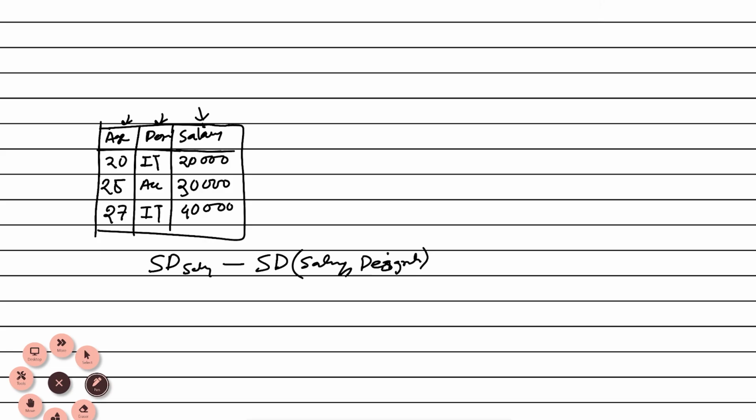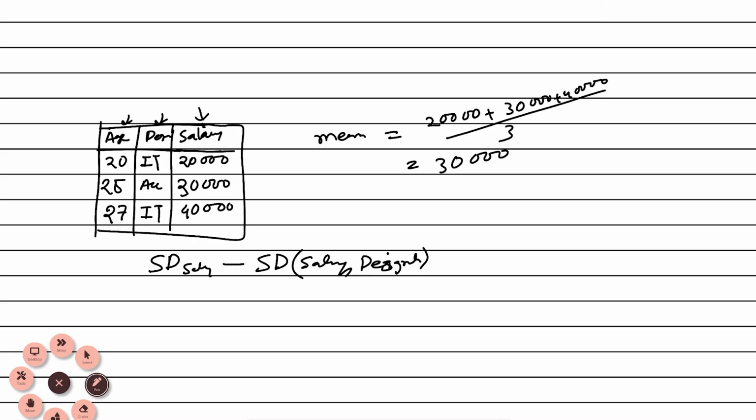First I will calculate the standard deviation of this. For that, you calculate your mean: 20,000 plus 30,000 plus 40,000, then divided by 3. So 40, 30, 70, 90. So it is 30K.